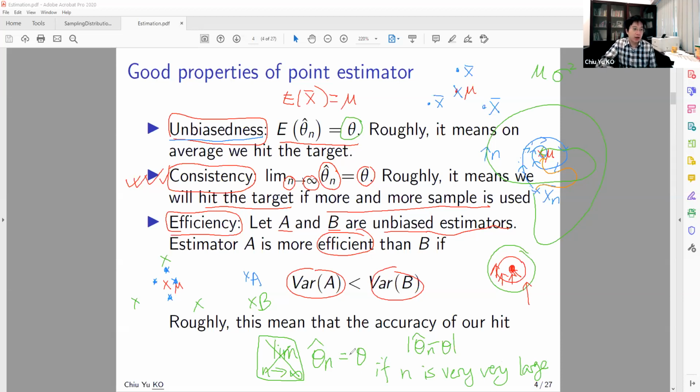Sometimes it may not be exactly there, but no matter how small a difference you want, we can increase the sample size to achieve this difference. Okay, that would be the best explanation.